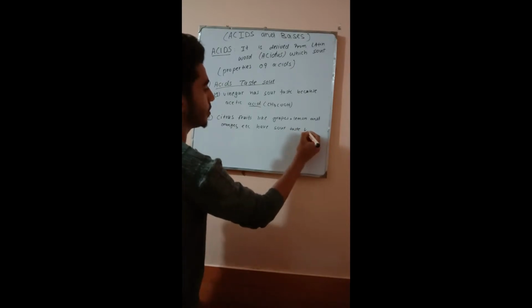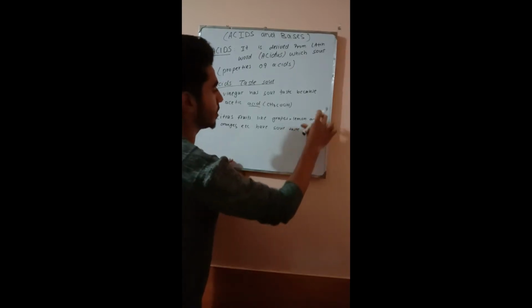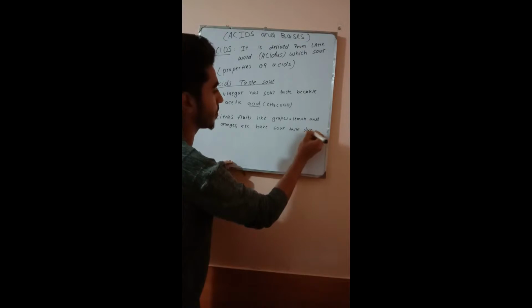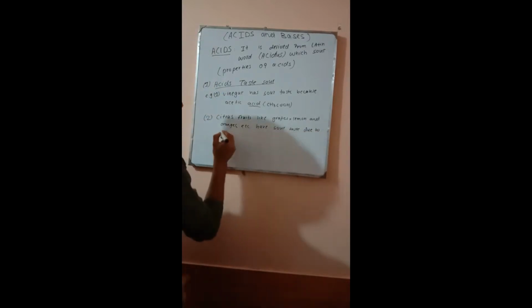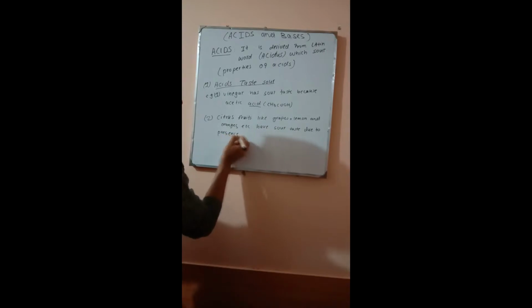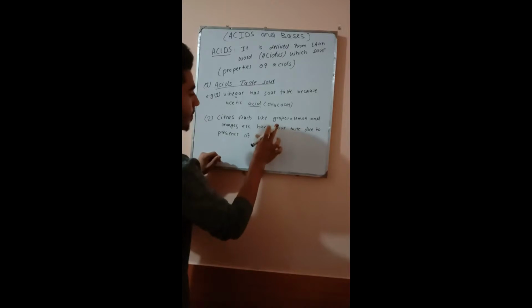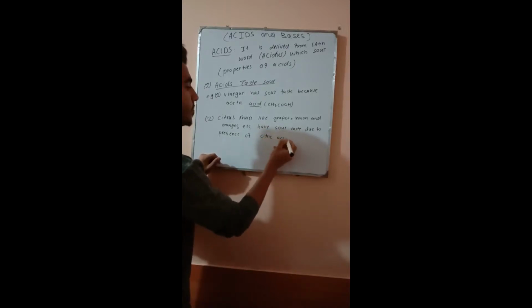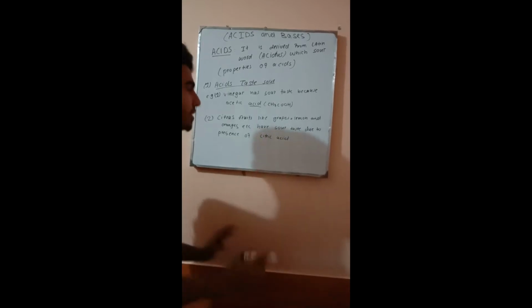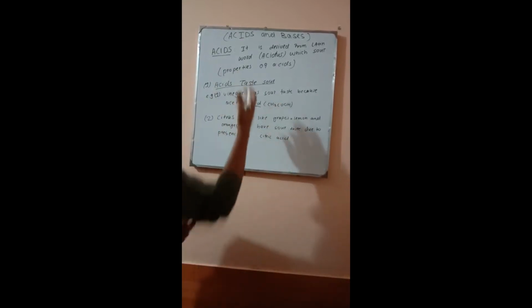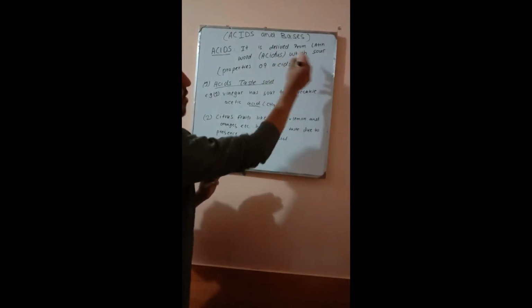The sour taste is due to the presence of citric acid. Citric acid is also an acid, and the taste of acid is sour, derived from the Latin word acidus, which means sour.